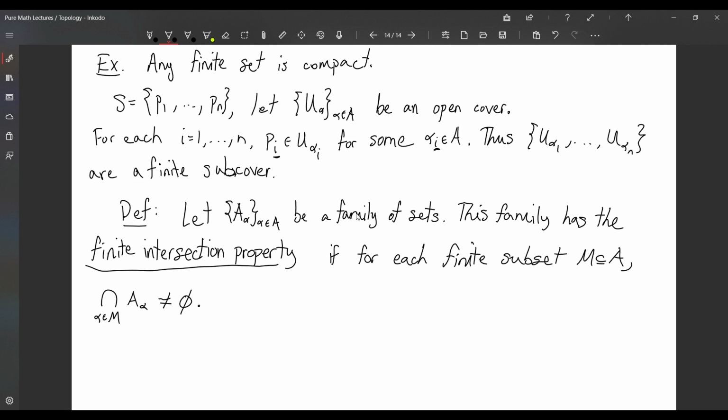So it's saying this family has the finite intersection property if I can pick any finitely many of these sets, and I will always have a non-empty intersection.